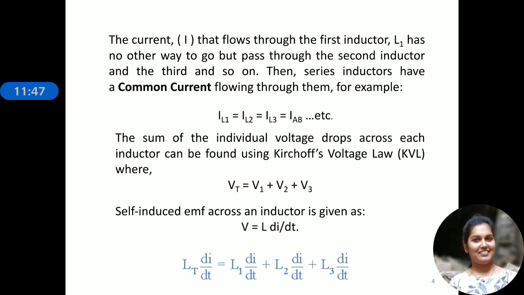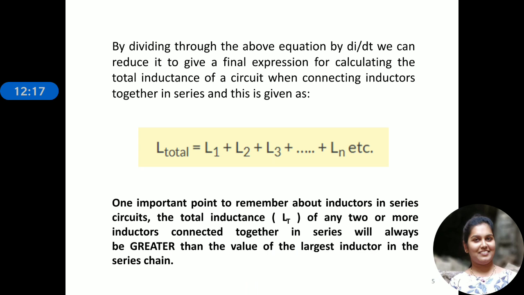Now by dividing the above expression by di by dt, we reduce it to the final expression for the total inductance when inductors are connected in series: L total, or L equivalent, is equal to L1 plus L2 plus L3 up to Ln.